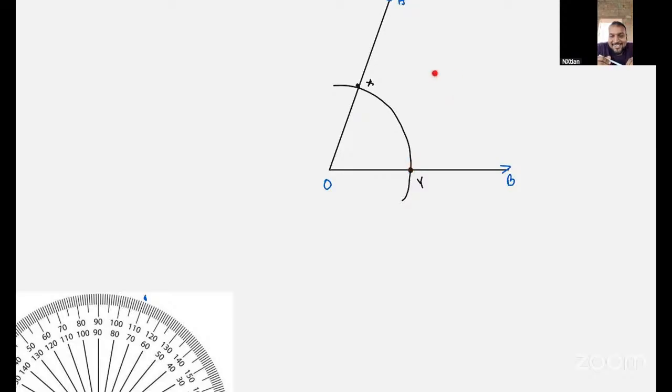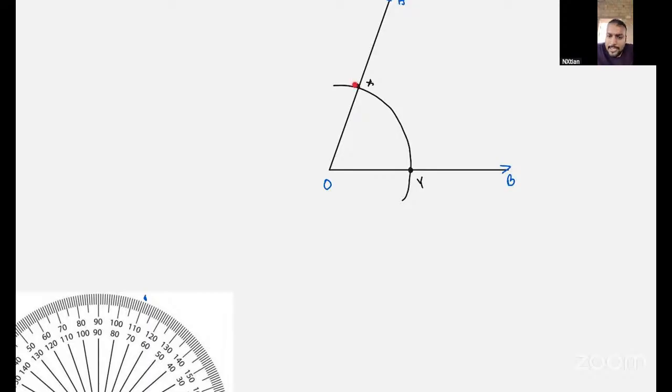Okay? So that's what I said. First measuring is the problem, no? You have to measure. So measure X and Y.